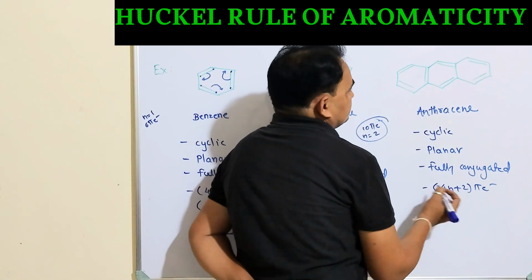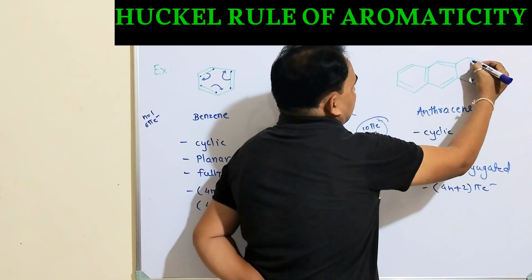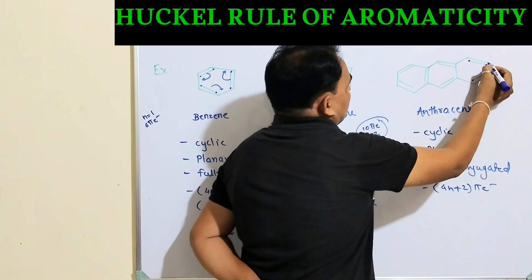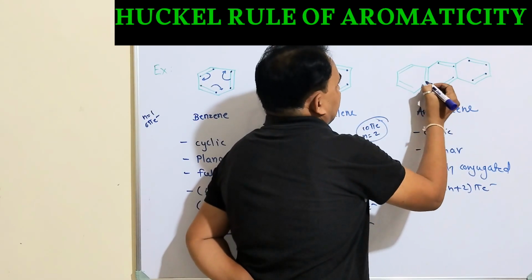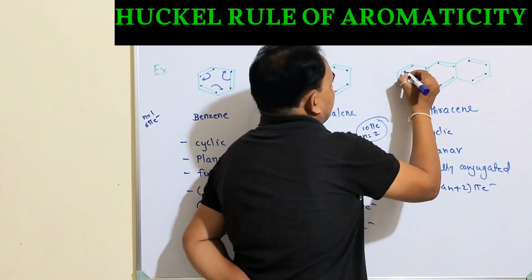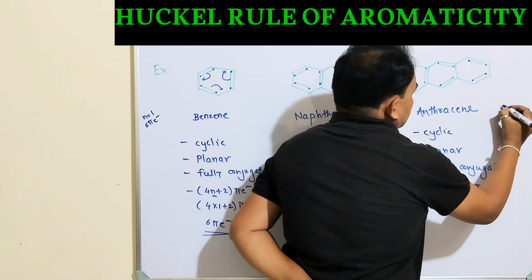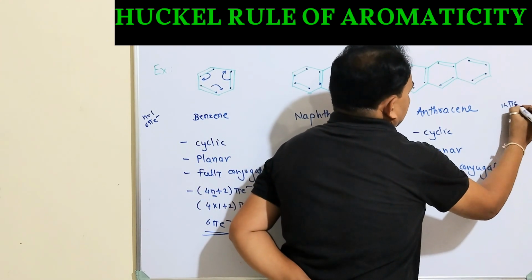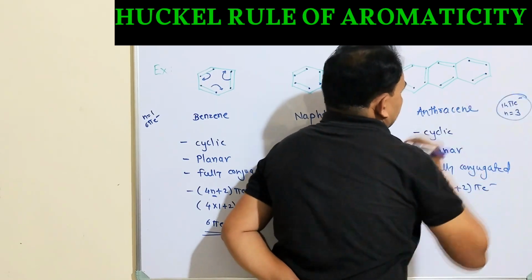So what is n? n means an integer value. For how many pi electrons? 1, 2, 3, 4, 5, 6, 7, 8, 9, 10, 11, 12, 13, and 14 pi electrons. Here 14 pi electrons are there. For 14 pi electrons, the value of n is 3.